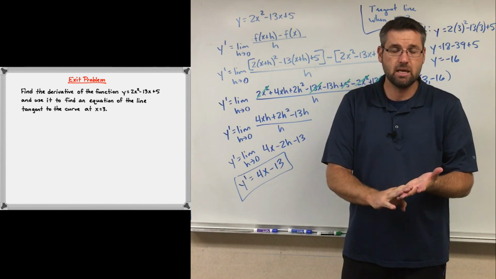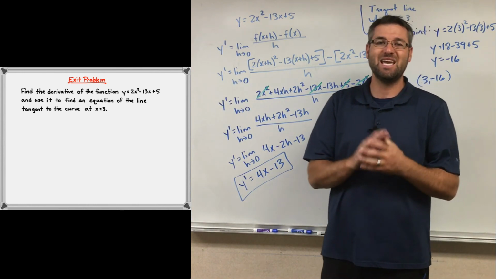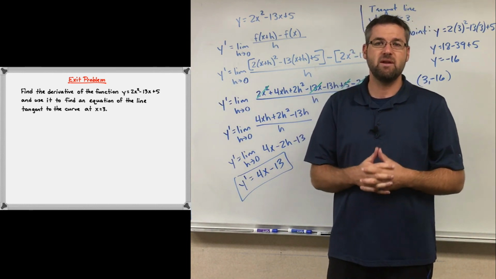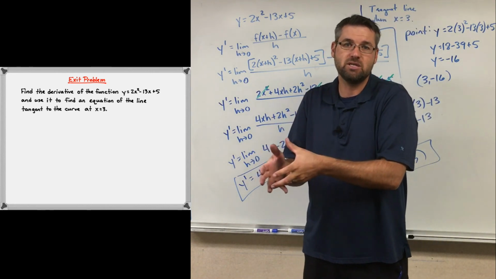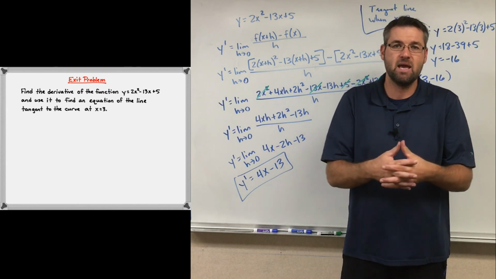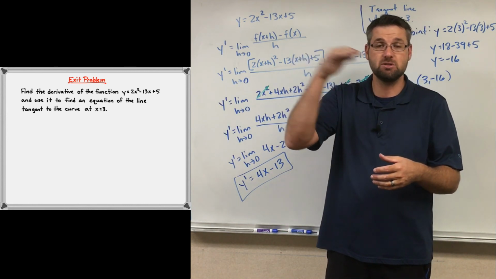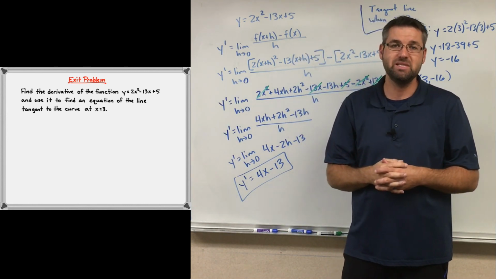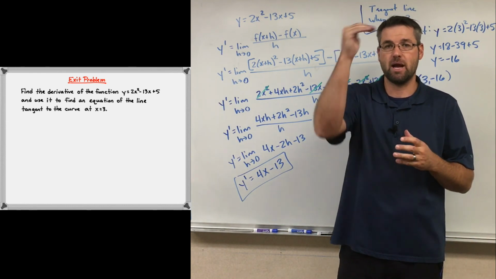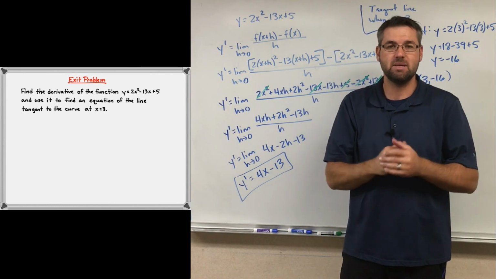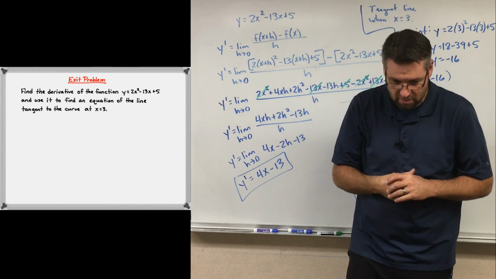And then number three, that anytime a function is increasing, its derivative will be positive, while anytime the function is decreasing, its derivative will be negative. And then anytime you have a horizontal tangent, then the derivative will be 0. And that often happens when you have a change in direction, like a maximum or a minimum. But that's not guaranteed. We'll talk more about that in the future.